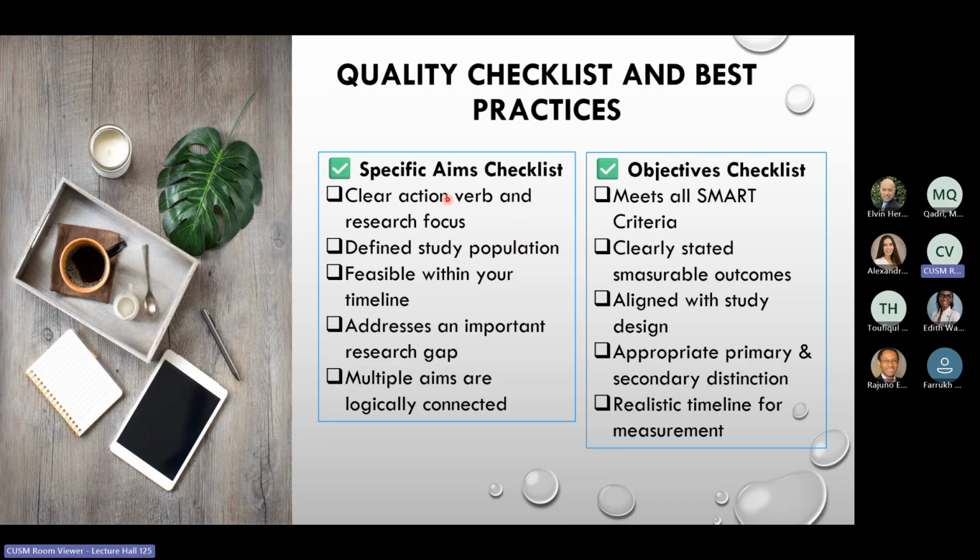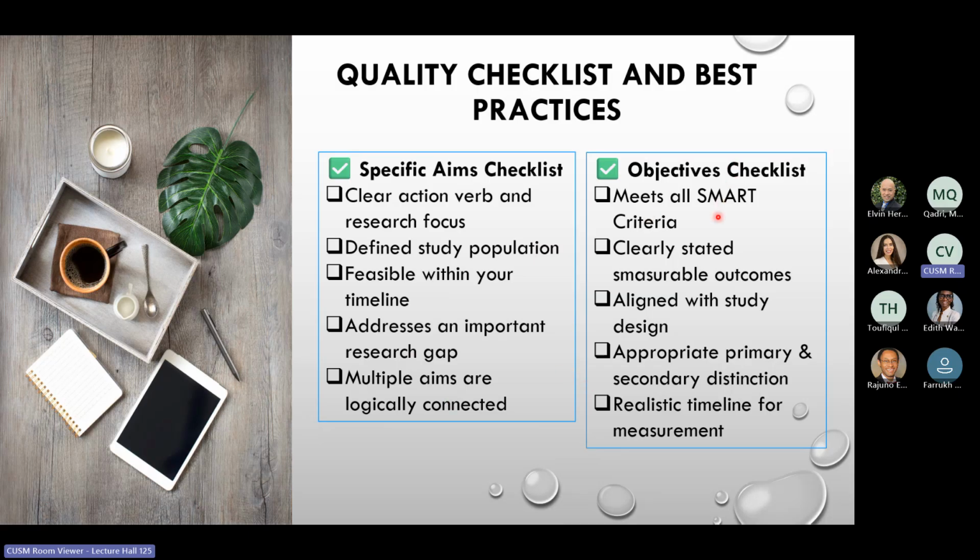So for specific aims, make them clear using action verbs, activity-based statements. Define study population, make them feasible. They address an important research gap that you've already examined through literature review and based a research question on. And multiple aims are fine as long as they're connected in some way and they're aligned with your research question.